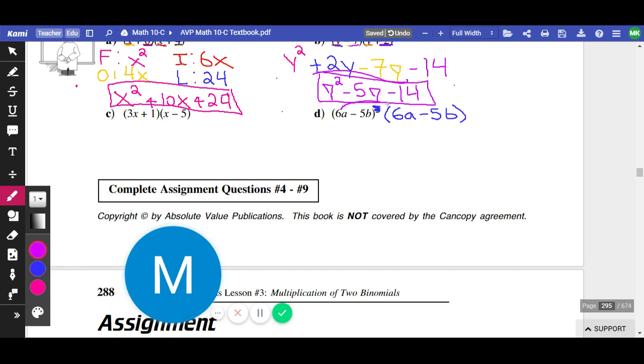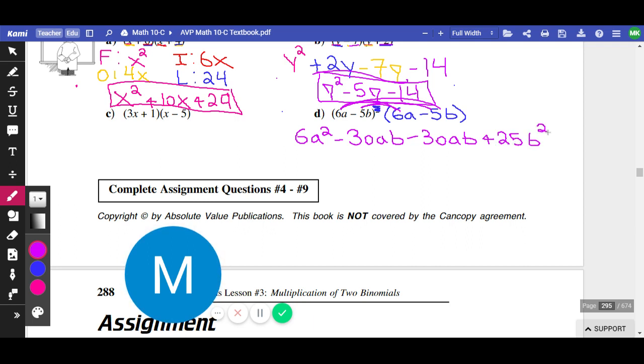So 6a multiplied by 6a becomes 6a squared. 6a multiplied by negative 5b becomes negative 30ab. Negative 5b multiplied by 6a becomes negative 30ab again. And then negative 5b times negative 5b becomes plus 25b squared.